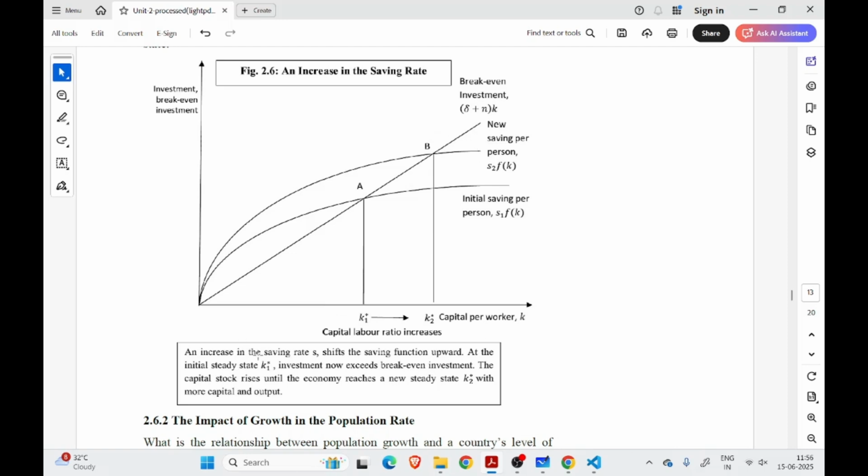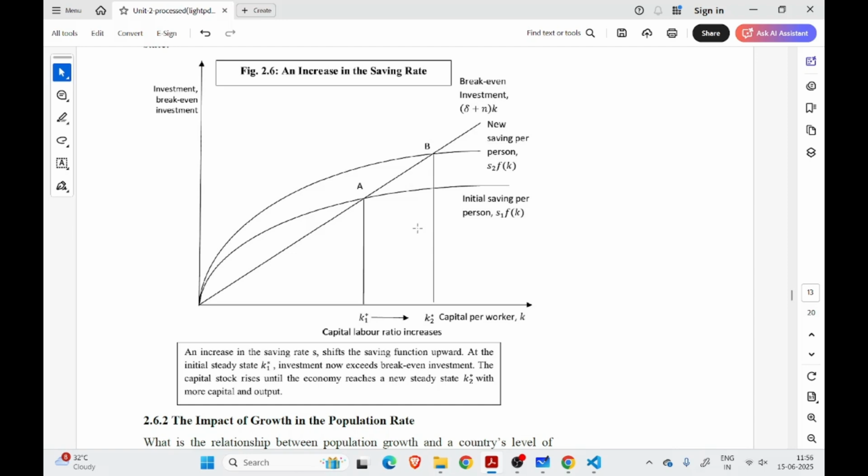At the initial steady state k1 star, we see that investment now exceeds the break-even investment, therefore capital stock per unit labor will increase until it reaches k2 star, which becomes the new steady state capital.